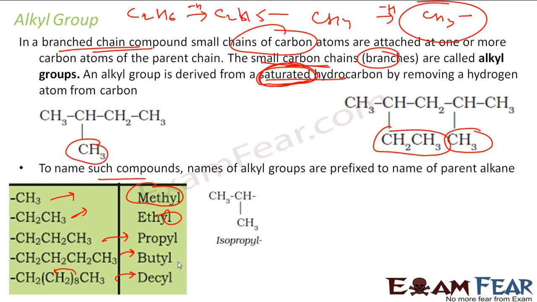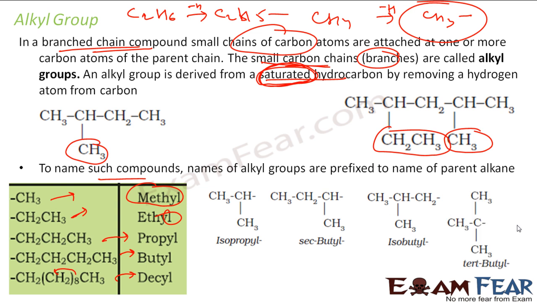Correct, for example, this is isopropyl, this is sec-butyl, this is isobutyl, this is tertiary butyl. See, the word iso is given if it has 2 CH3 attached. So the carbon I'm talking about has 2 CH3 attached, so it is iso.